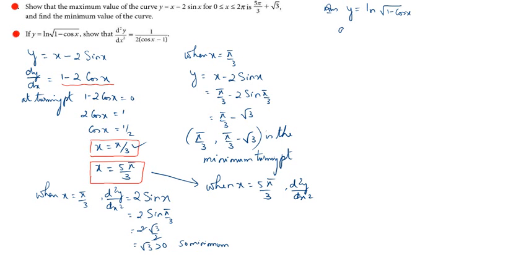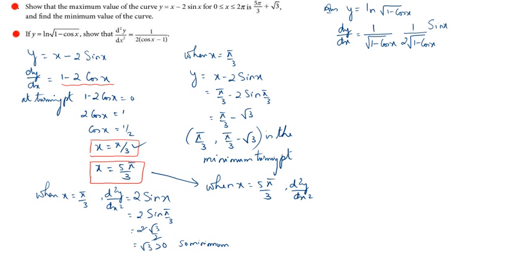So dy by dx is equal to 1 by root 1 minus cos x into 1 by 2 root 1 minus cos x into the derivative of minus cos x, which is sin x.